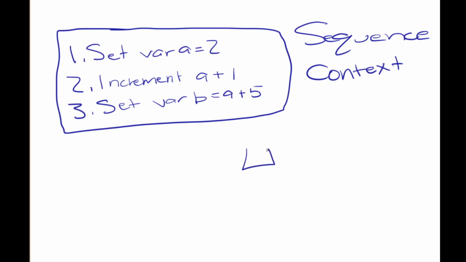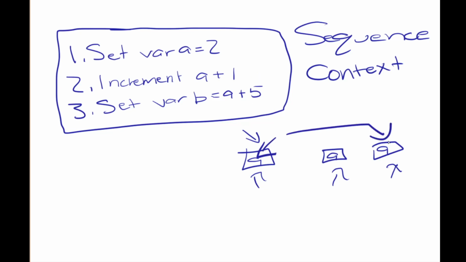The next thing that is important to understand is the context is important to preserve as well. Let's say we have 3 different programs here, okay? And they all have a variable called a. In this first thread, in this first program, if it says set a or increment a by 1, for example, in the second instruction, it is important that it affects this program's a, not this program's a.